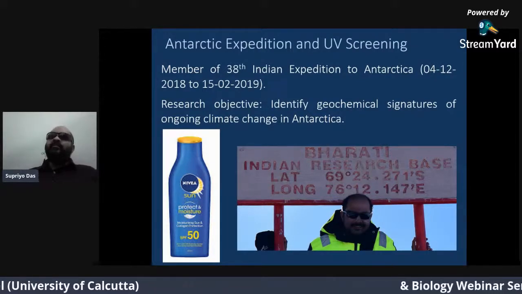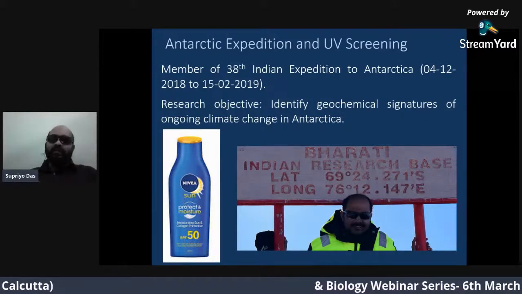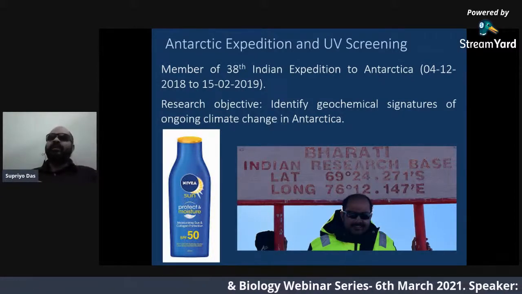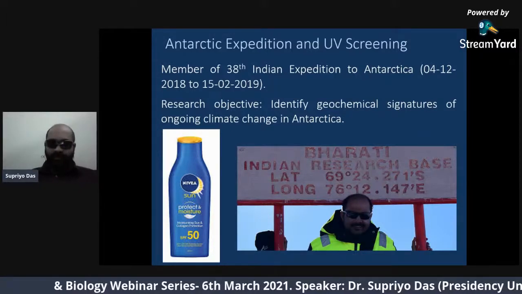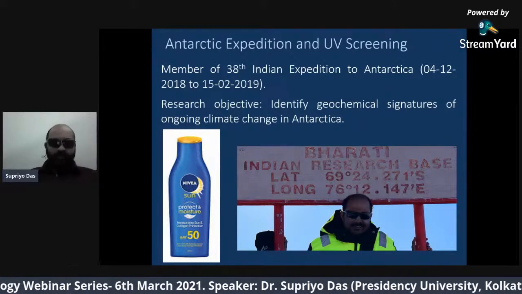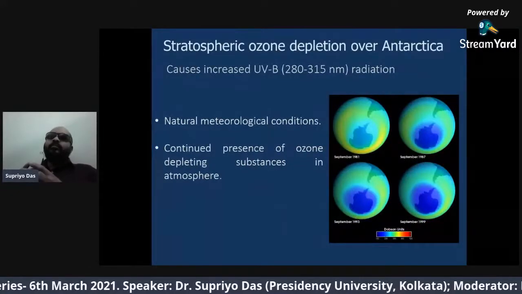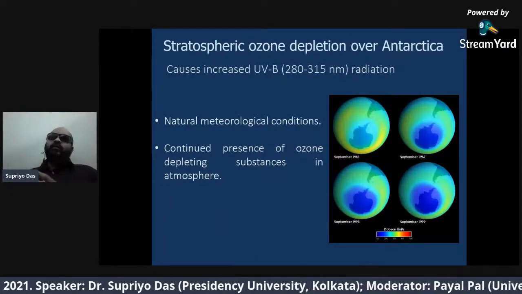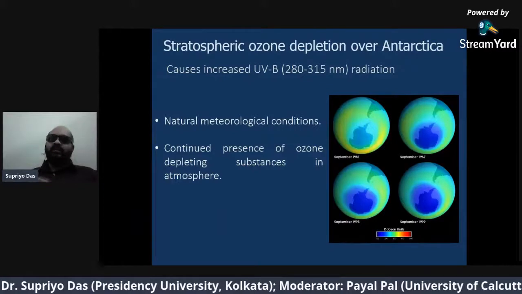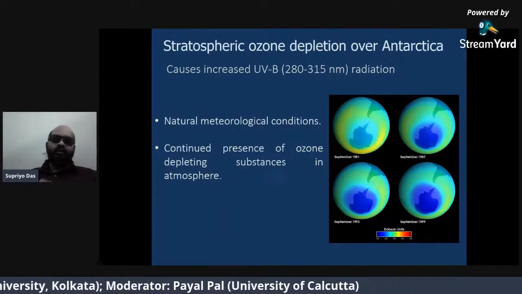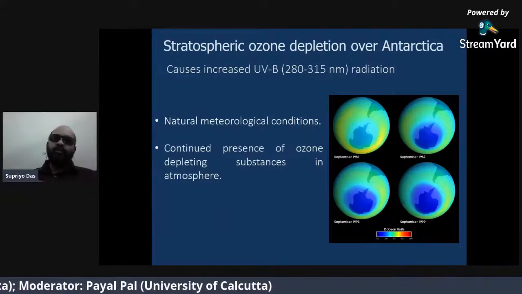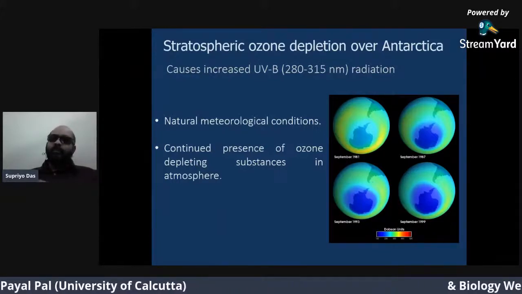But after I landed in Antarctica, something additional came to my mind, and that is what I'm showing here. Now, when I talk about UV radiation or sunscreen lotions, most of you, I'm pretty sure, know about the ozone hole in Antarctica.